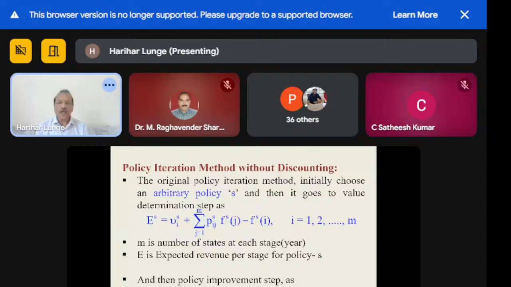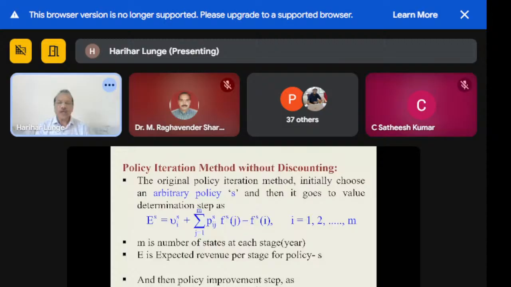Out of the various stationary policies, 2, 4, 6, 8, up to n, Howard suggests selecting the policy arbitrarily and then going to the value determination step.